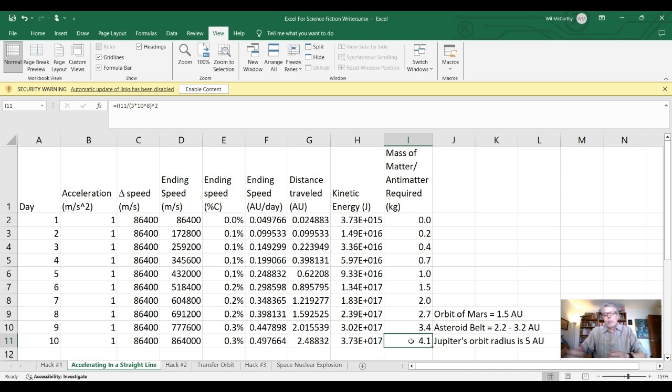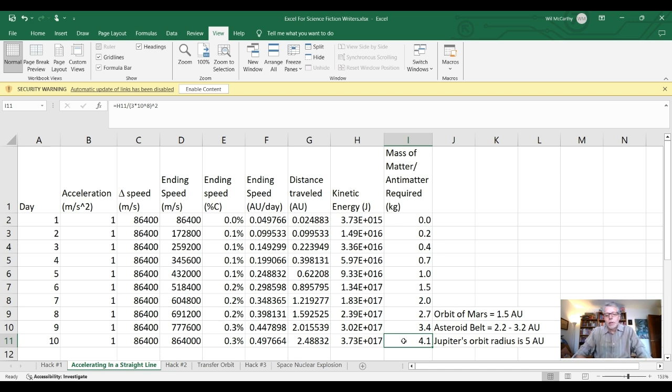And this is probably going to be 2 kilograms of matter and 2 kilograms of antimatter coming together. So that's a pretty good chunk. That's a fairly hefty chunk of antimatter that we require. This gentle acceleration over a period of 10 days requires a significant amount of fuel.